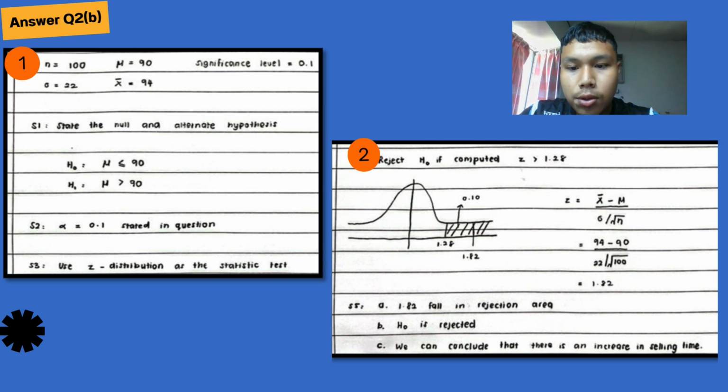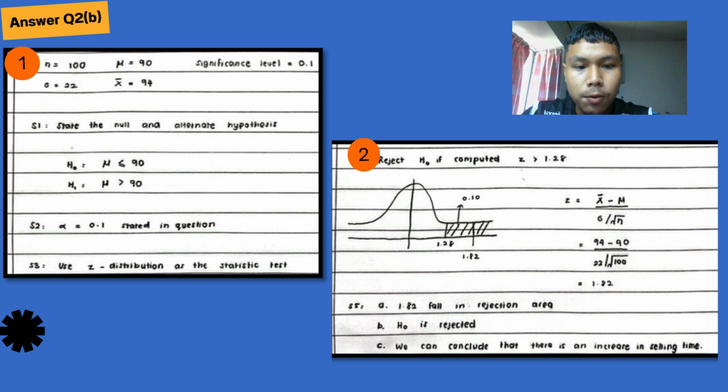And step 3, we use the Z distribution as the test statistic because we got the standard deviation from the question. So for the fourth step, reject H0 if Z computed is bigger than 1.28. How do we get 1.28? We will read this number from the table. So we have drawn the bell shape and we mark the rejection area.